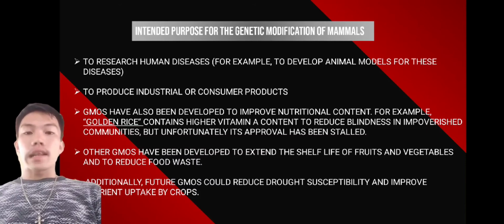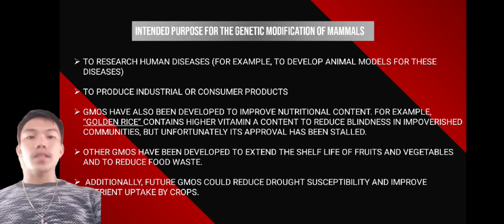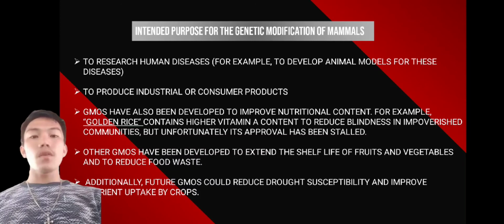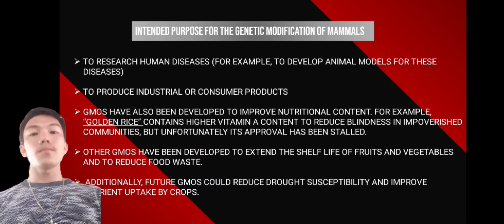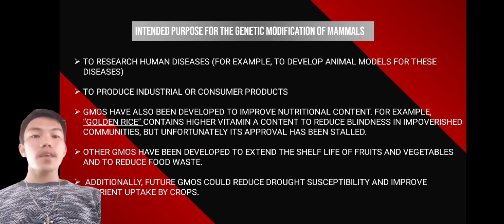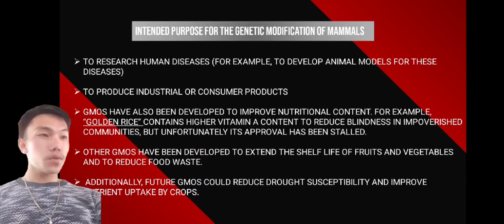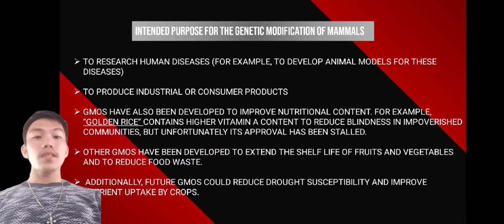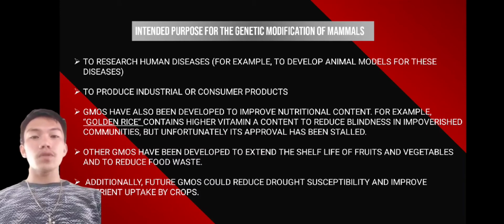And the last one is that additionally, future GMOs could reduce drought susceptibility and improve nutrient uptake by crops. So, there are many reasons and positive impacts stemming from the creation of GMOs.